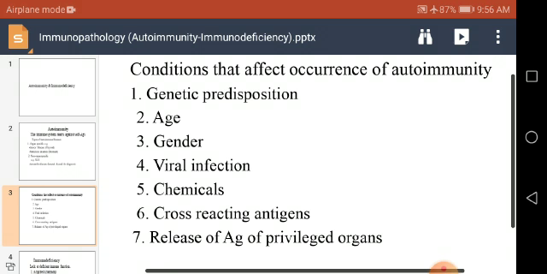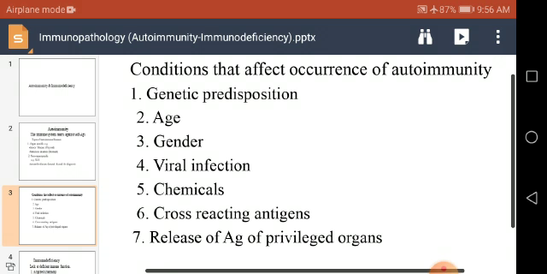Gender, there are some autoimmune diseases which are common in males, others are common in females. Viral infections, commonly some viral infections are associated with autoimmunity. Chemicals, being drugs or other chemicals, are also associated with occurrence of autoimmune diseases.